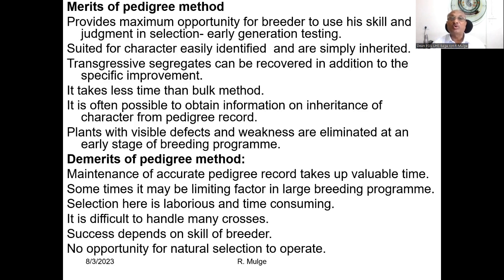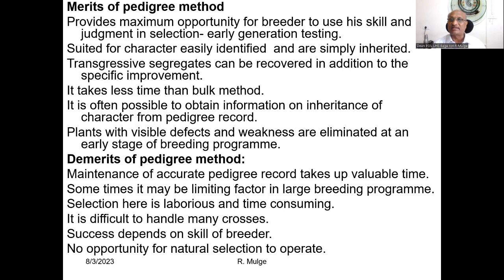It is often possible to obtain information on inheritance of the characters from the pedigree record. Definitely, if you see the parents and the F1, you will get some idea which is the dominant character. In segregating generations, from the proportion you are getting, you can judge approximately, not precisely, whether it is controlled by one or few genes or many genes.